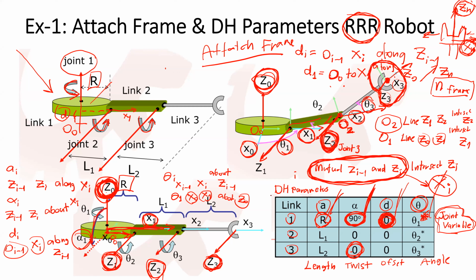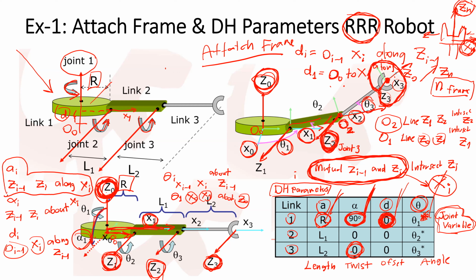Okay, for the DH parameter of link 2, the link length is the distance between Z(i-1) to Zi along xi.